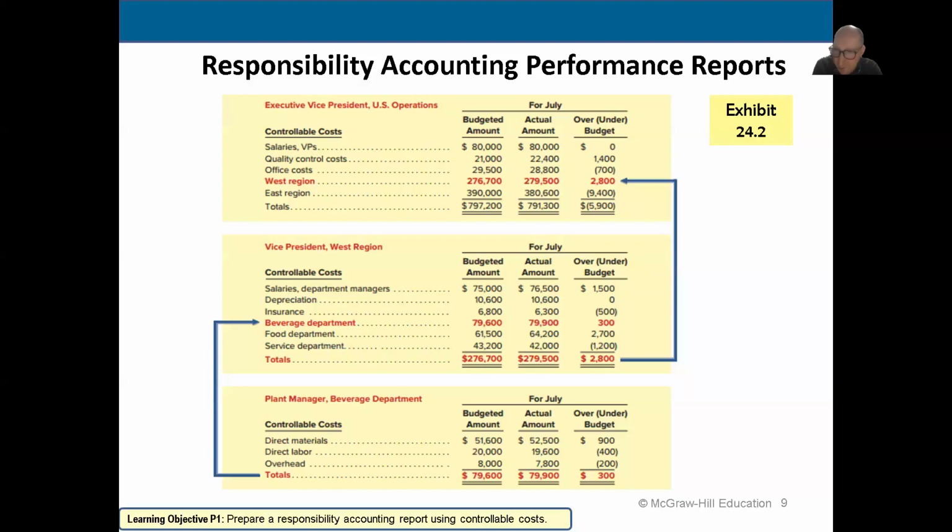Because the regional manager doesn't care about what your direct labor was for your store. They care about the bottom line, the totals. Okay? Then, of course, the level above that sees even less detail. They only see the region's totals. But you see how it rolls up. So again, the closer you are to the product and to the customer, the more detail you can see.